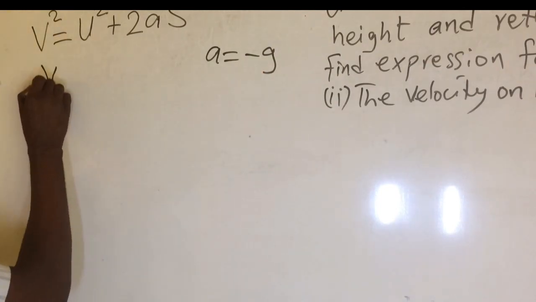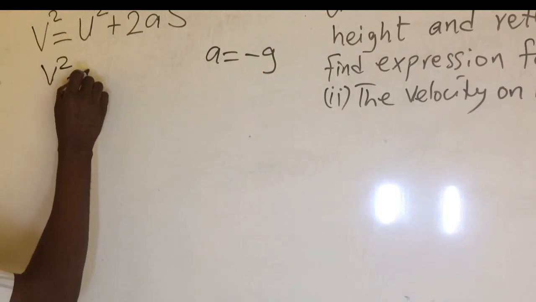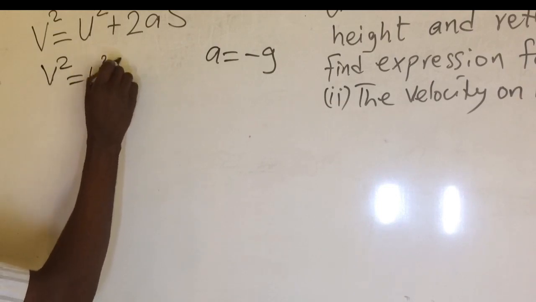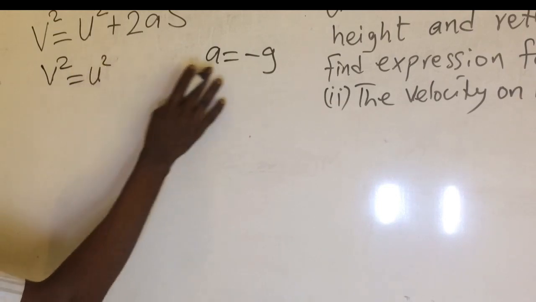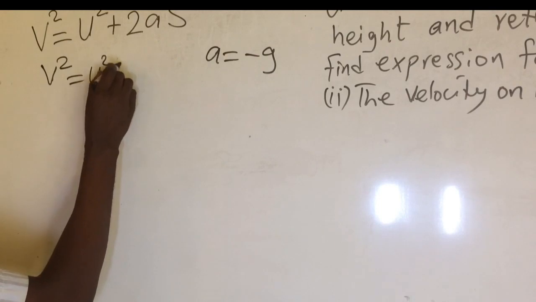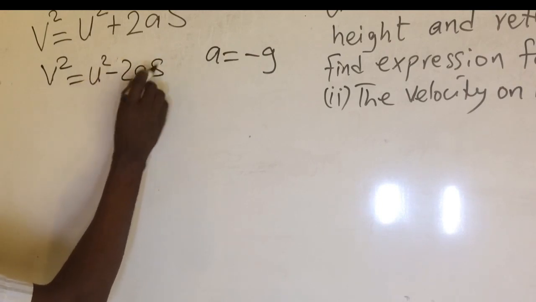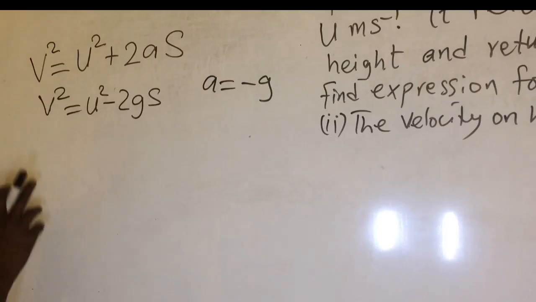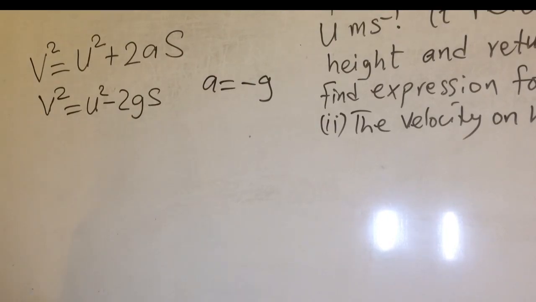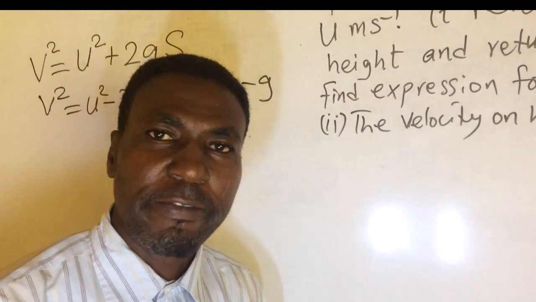We now have v squared equals u squared plus, it won't be plus now when we insert this, it will now be a minus 2gs. Now you know we are finding the expression, right?